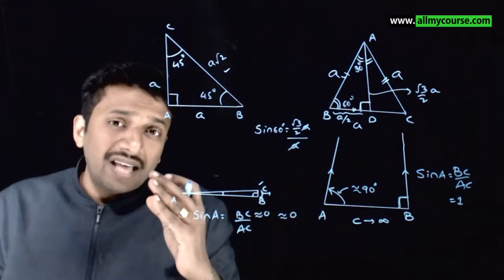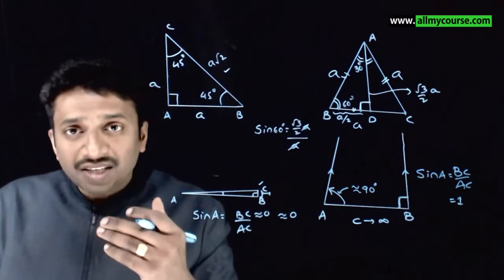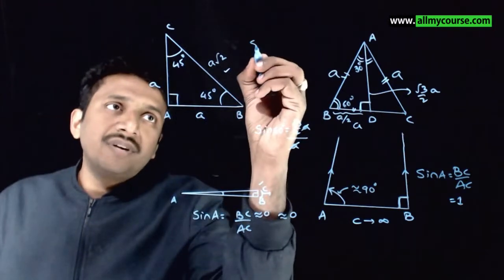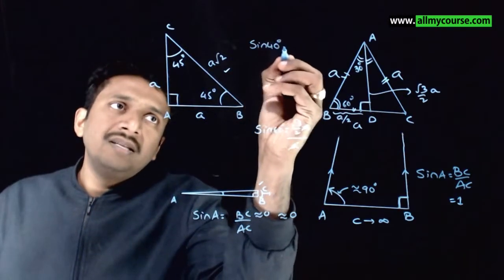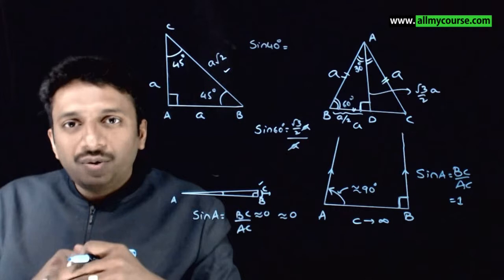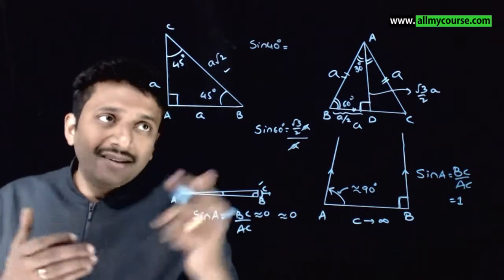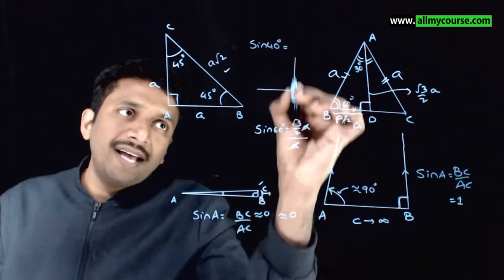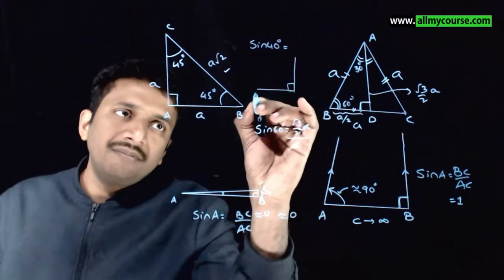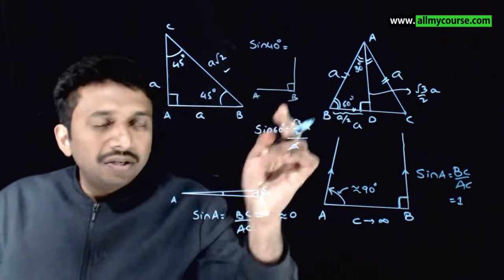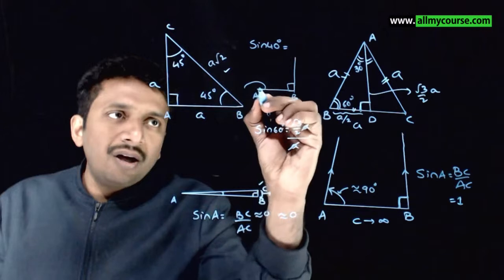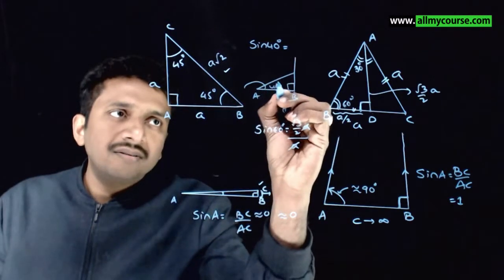If the angle is not a standard angle, for example if you are asked to find sine of 40 degrees, there is no standard way to derive this. But if you are interested, you draw a right angle, and if this is AB, from A draw an angle of 40 degrees with a protractor.